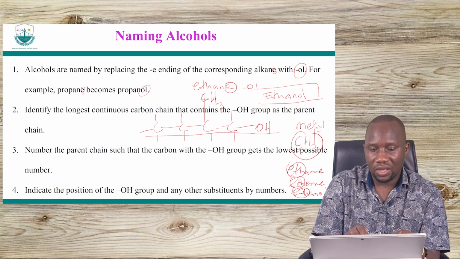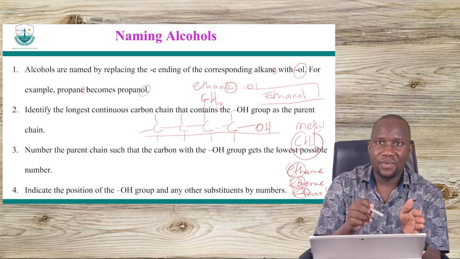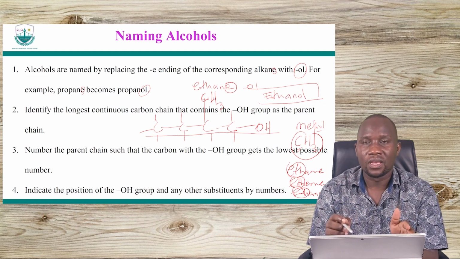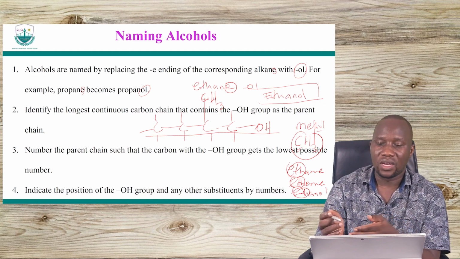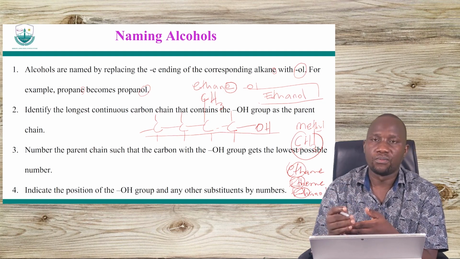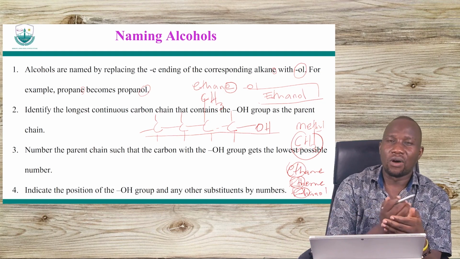So of course, after you have identified it, then you give it a name. For the numbering of the carbon atoms, you start from the end that is lowest to the functional group. So basically, you start from the functional group side, counting away.